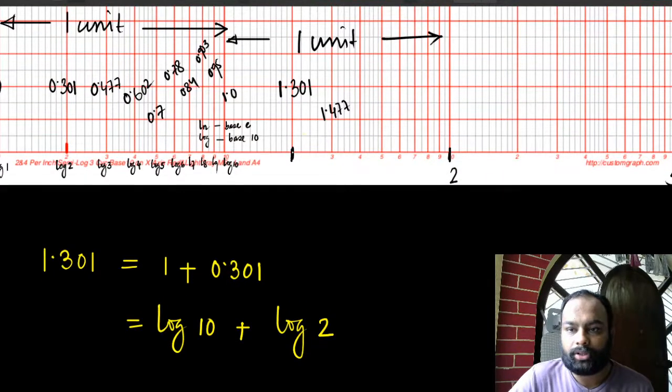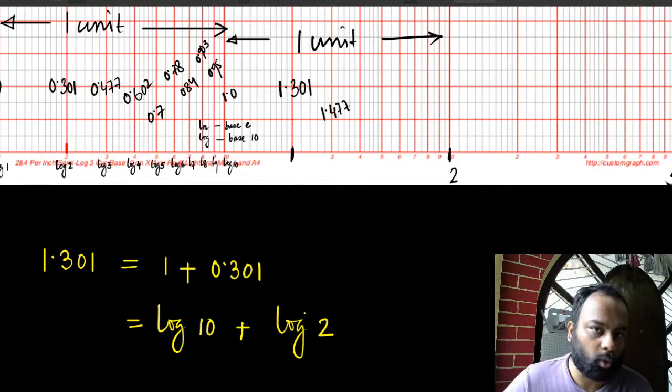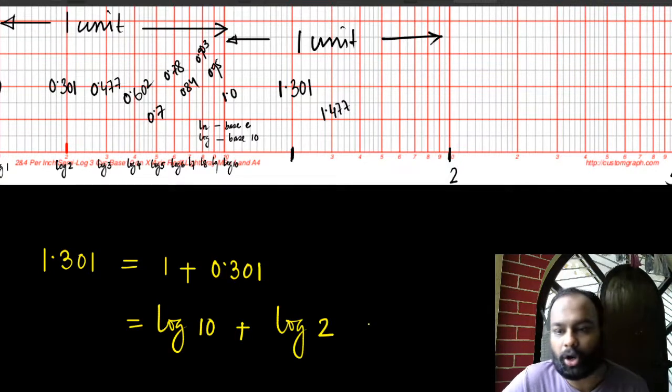All right, so this length is, look very carefully, 1.301, right? Yes, you people got that already. So what is 1.301? This is 1 plus 0.301. What is 1? That's log 10. What is 0.301? That's log 2. And what is log 10 plus log 2?